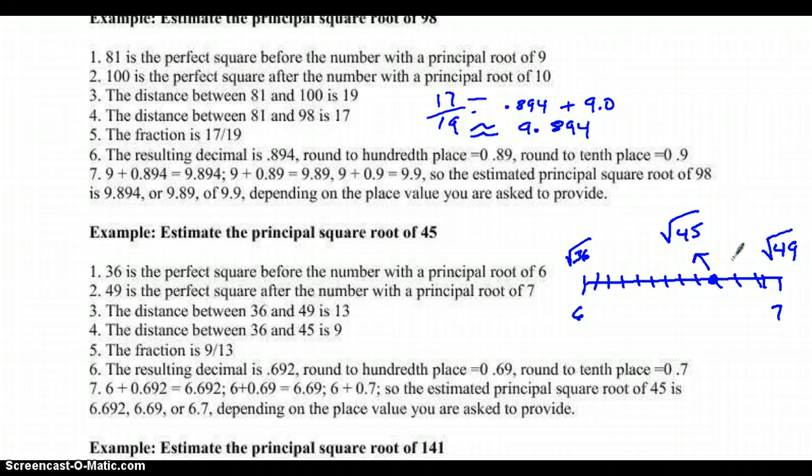So realistically, some people will estimate that as 6.9. I wouldn't personally do that, because I believe a better estimate is, as we did, 9 over 13, which gives us a decimal of 0.692.